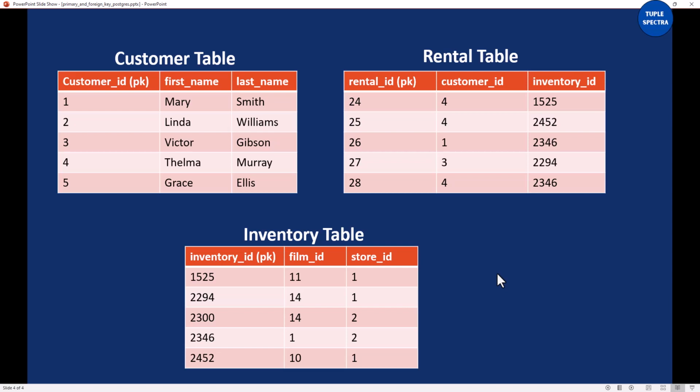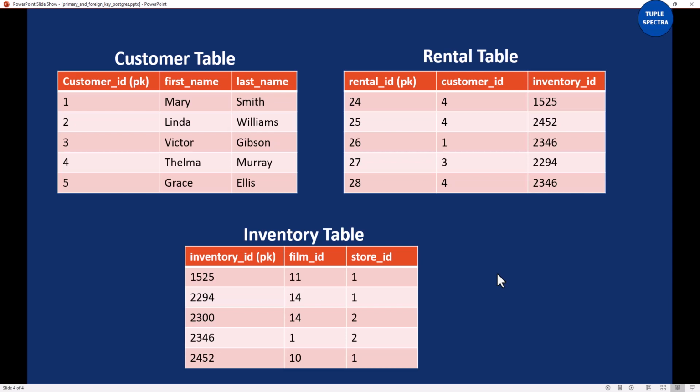It's good to understand primary key and foreign key, because this is what you are going to be building upon by the time we get to the next few set of videos, where I'll be teaching you how to join two or more tables together. At that point, we are going to be looking at foreign key and primary key as a way to join two tables together. Now, I hope you guys understand this right now.